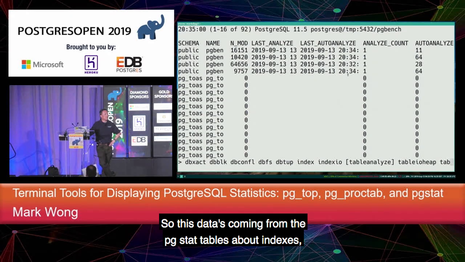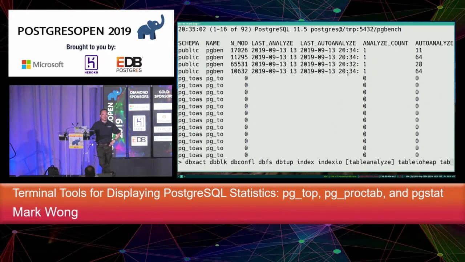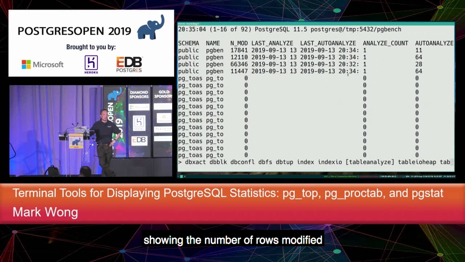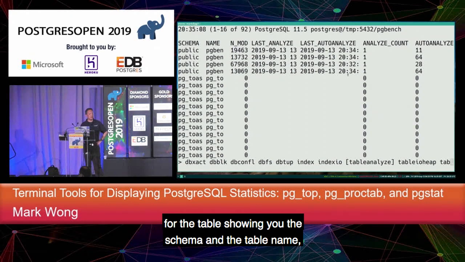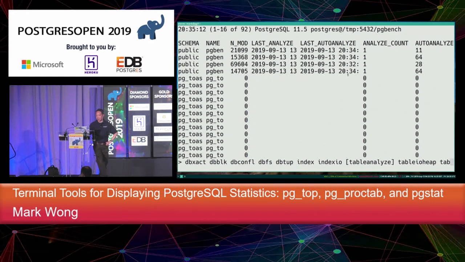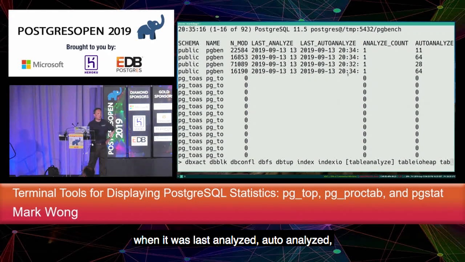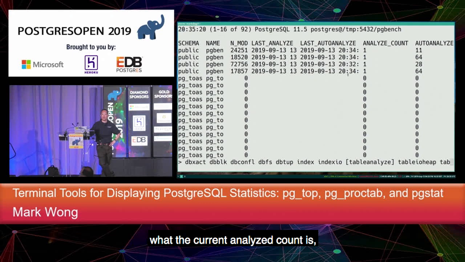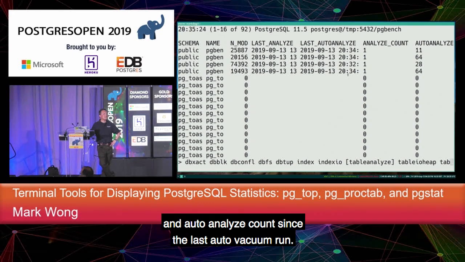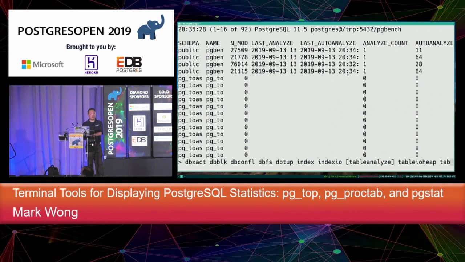This data is coming from the PG stat tables, showing the number of rows modified for the table, the schema and the table name, the number of rows modified when it was last analyzed, auto-analyzed, the current analyze count, and auto-analyze count since the last auto vacuum run.